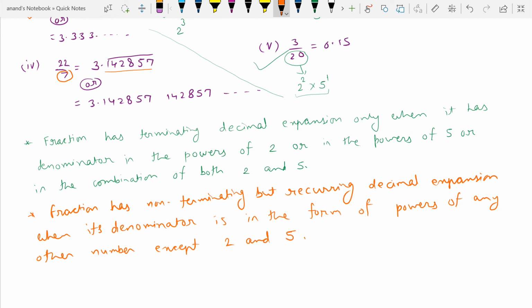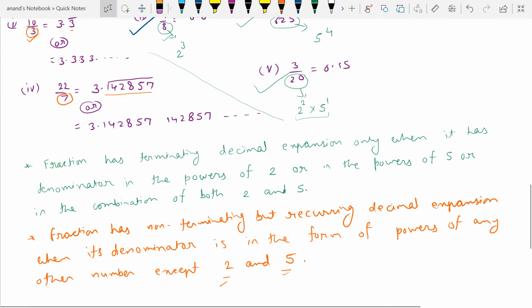So if there is any other number present other than 2 and 5, then it will be in the form of non-terminating but recurring decimal expansion.